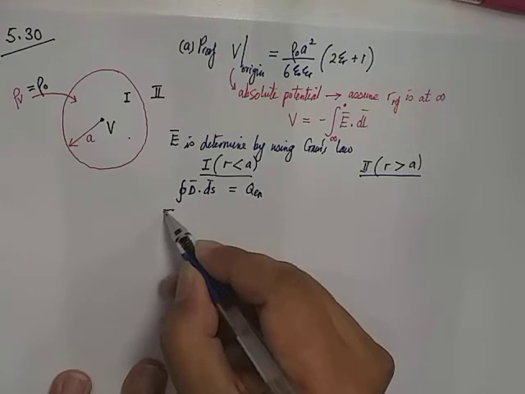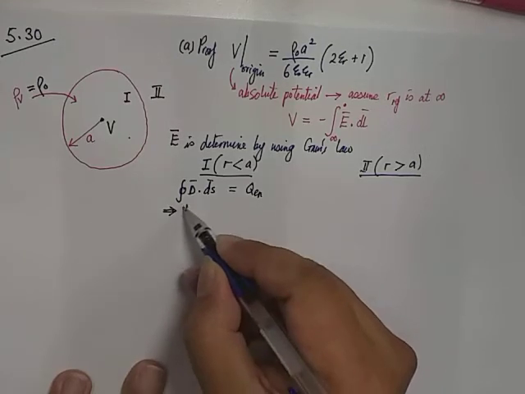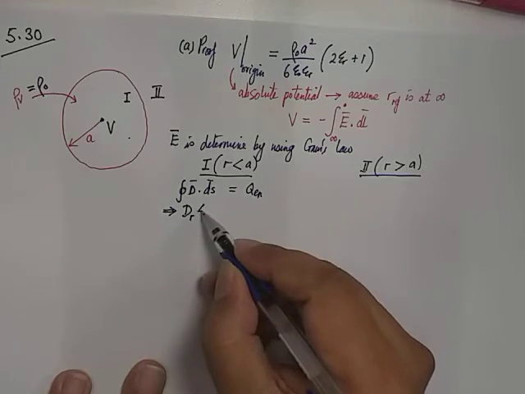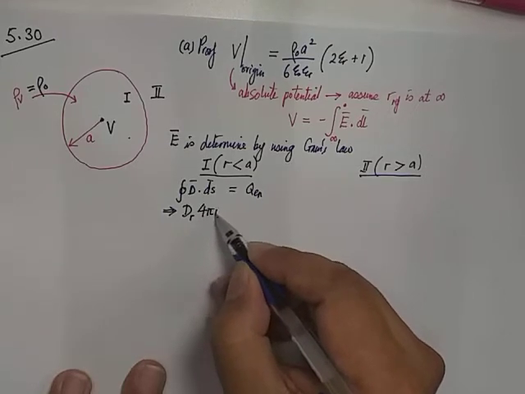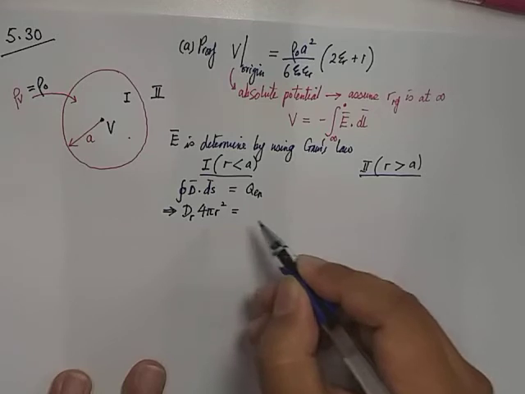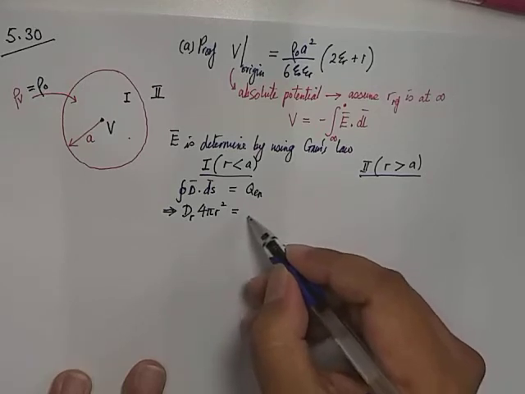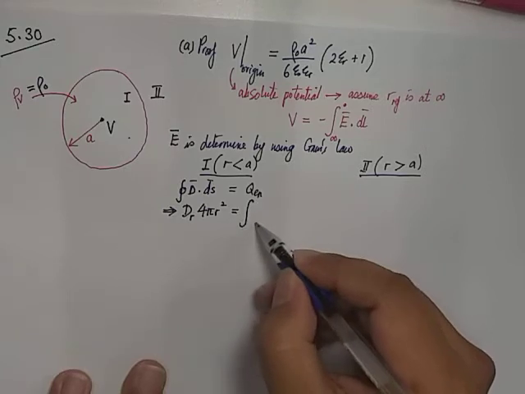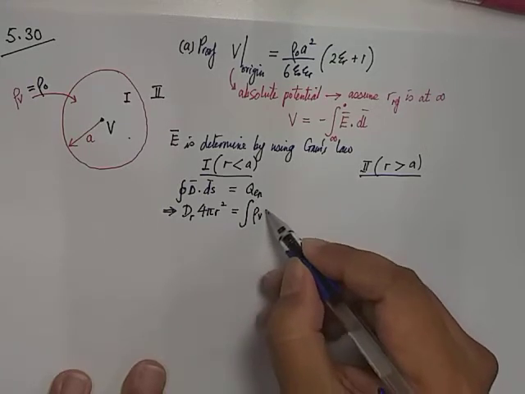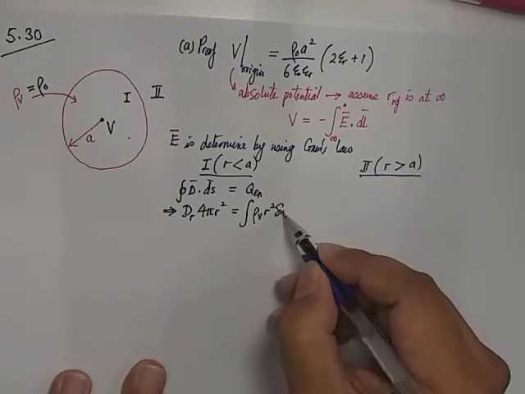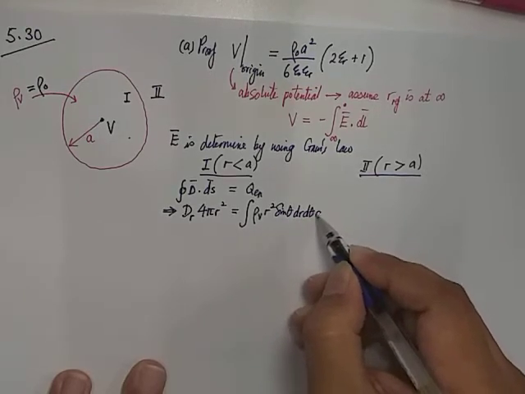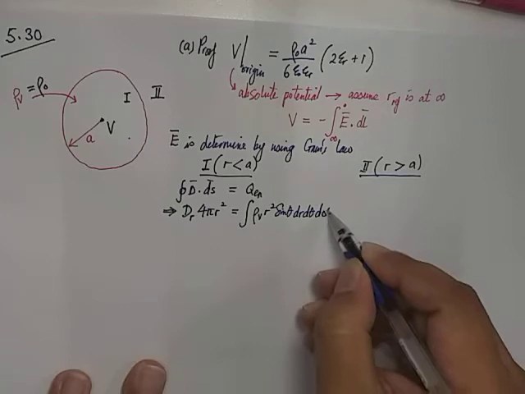From my previous solution, the surface of a sphere is 4 pi r squared, and now we have a volume charge, so rho v dv is r squared sine theta dr d theta d phi.